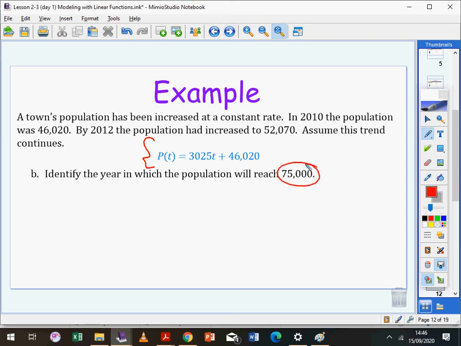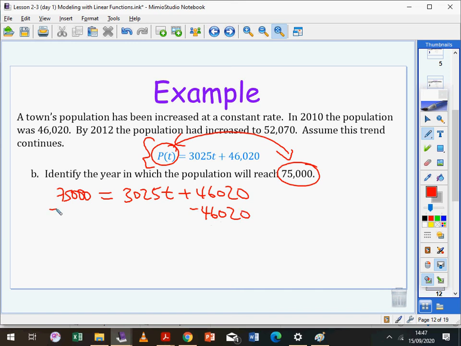I'm just going to substitute for the output value in this equation. 75,000 is equal to 3025t plus 46020, and solve for the value of t. So I'll end up with 3025t is equal to what you get after you subtract, then substitute and solve for the value of t.